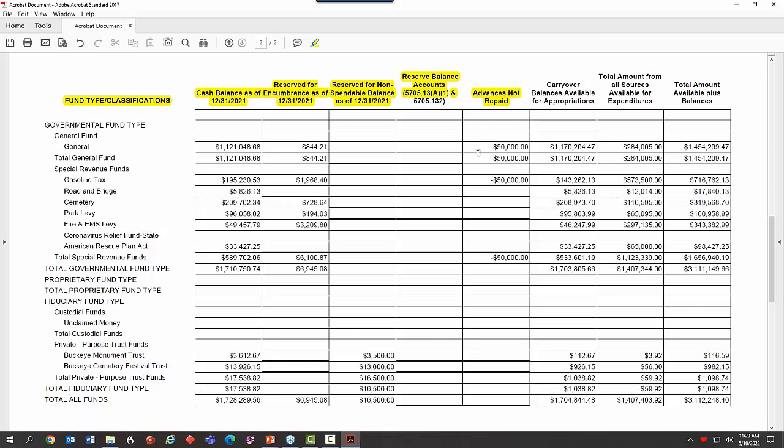Last year, we did a huge amount of paving, and it was paid for from the gasoline tax fund in July. Now, the gasoline tax fund is one of those funds that gets a receipt once a month. And in July, we had only received 6 months of revenue by the time we had to pay for that paving.